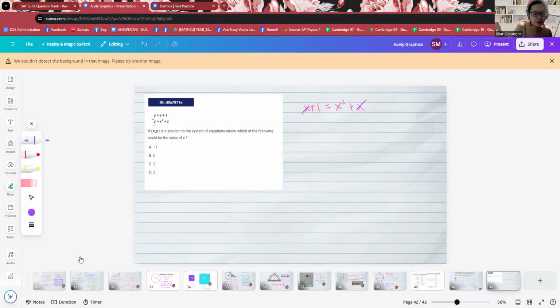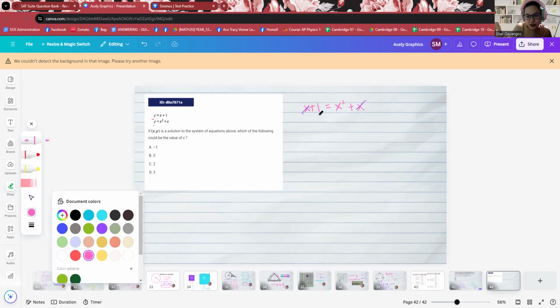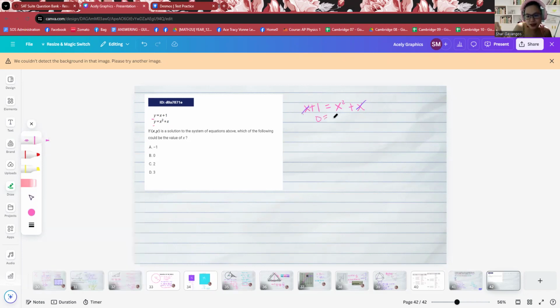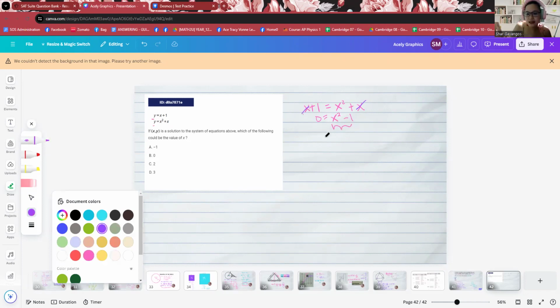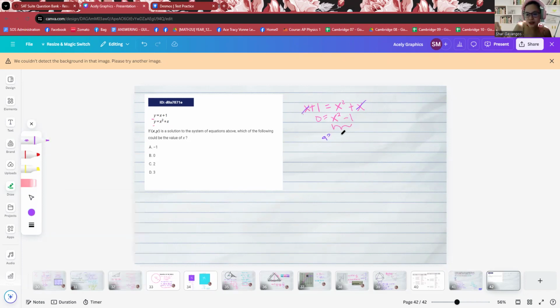So you have 0 on one side, and then that's x squared minus 1. Remember, this is the difference of two squares. So if you need a refresher on that, the difference of two squares tells us that a squared minus b squared is just equal to the product of their sum and their difference, or vice versa.